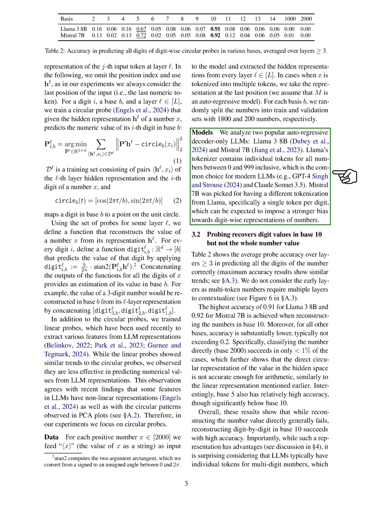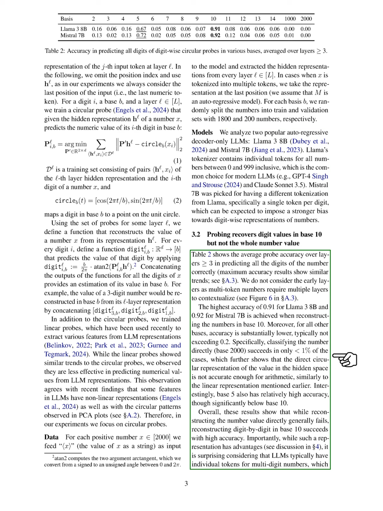Our probing reveals that while we can recover digit values in base 10 with high accuracy, we struggle to reconstruct the entire number value. The highest accuracy we achieved was 0.91 for Llama 3.8b and 0.92 for Mistral 7b when reconstructing numbers in base 10.